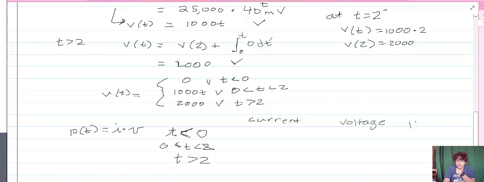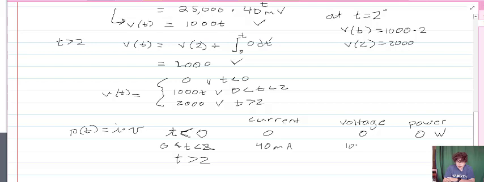So t less than 0, our current is 0, our voltage is 0, so our power is 0 watts. Between 0 and 2, our current is 4 milliamps. Our voltage is 1000 t volts.